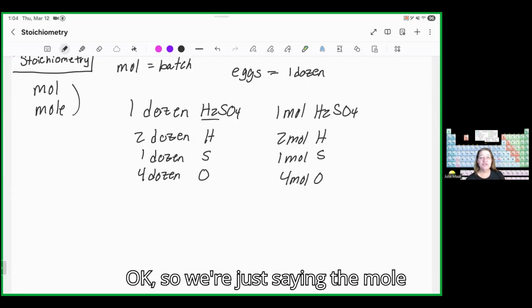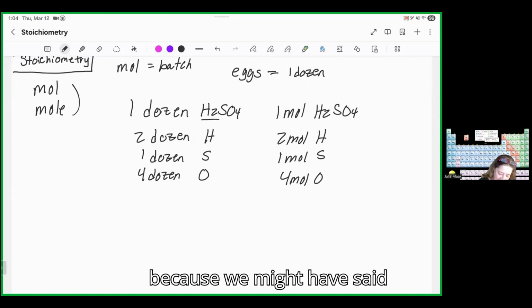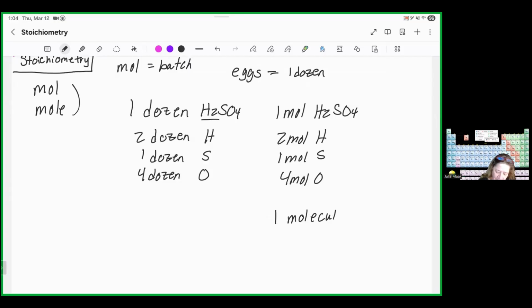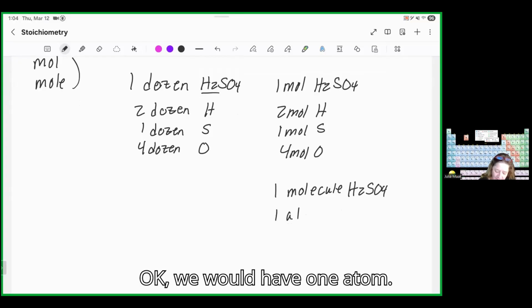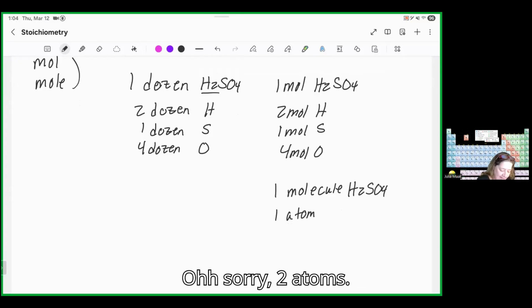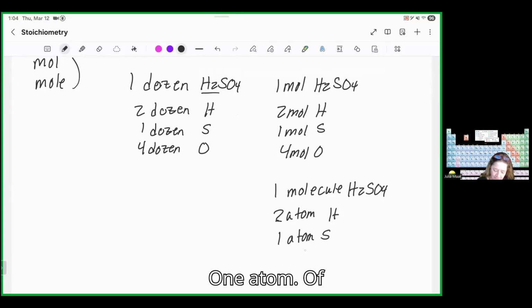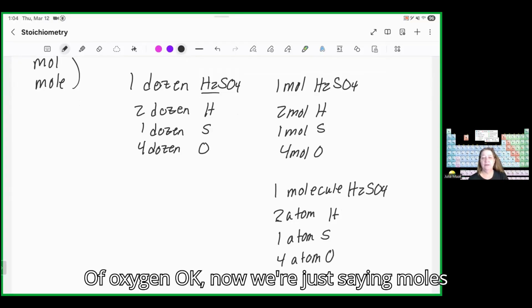We might have said in 1 molecule of this, we would have 2 atoms of hydrogen, 1 atom of sulfur, and 4 atoms of oxygen.